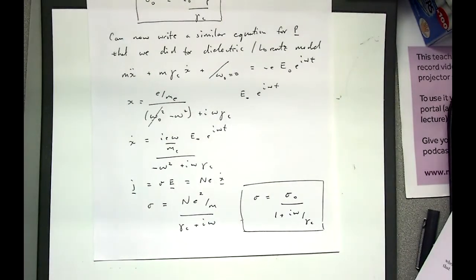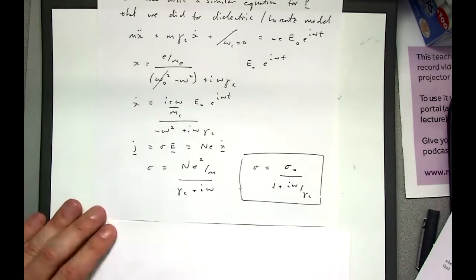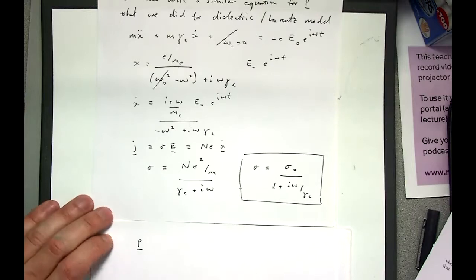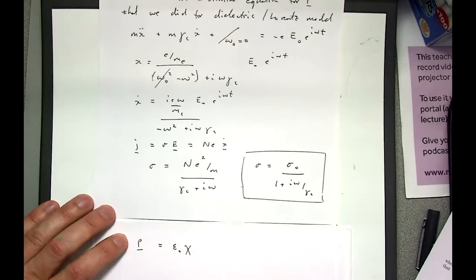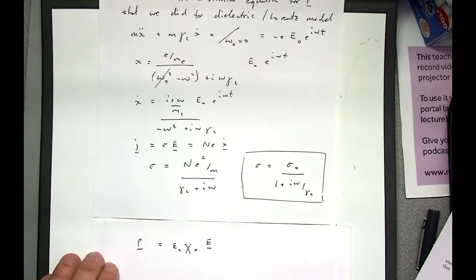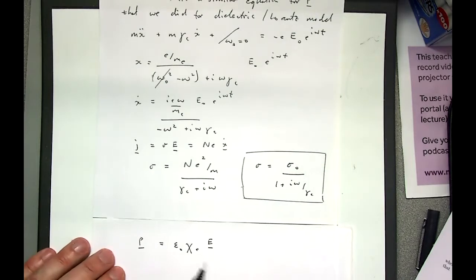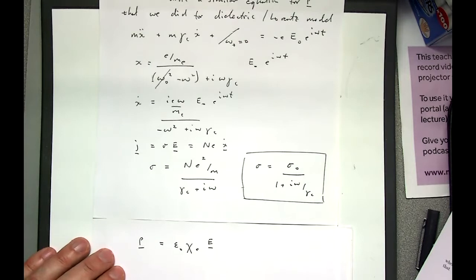Now that was our expression for the polarization. So remember we wrote down the polarization P. It's just the same as the Lorentz model for the dielectric. The polarization at any instant can be written down as being due to the electric field at that instant, for some frequency, with some value called the electric susceptibility.